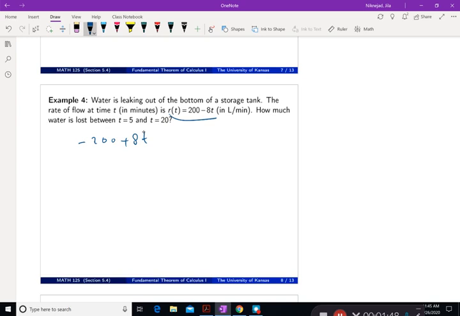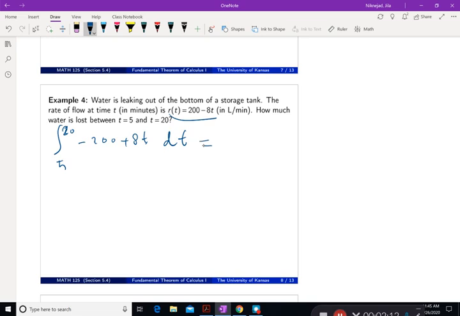And so we need to integrate this rate of change. This is the rate of change that the water is changing over time 5 to 20, time interval 5 to 20. What is the variable? dt, because we're taking the antiderivative with respect to t.